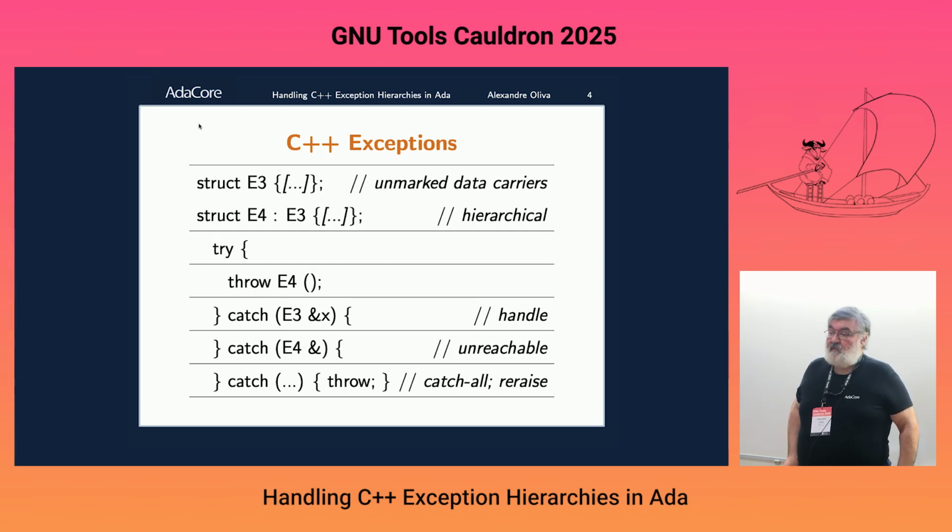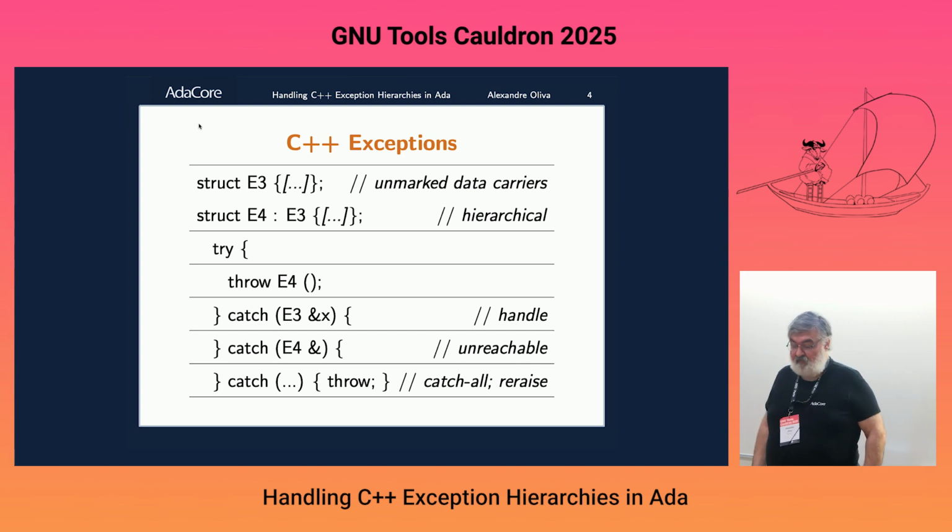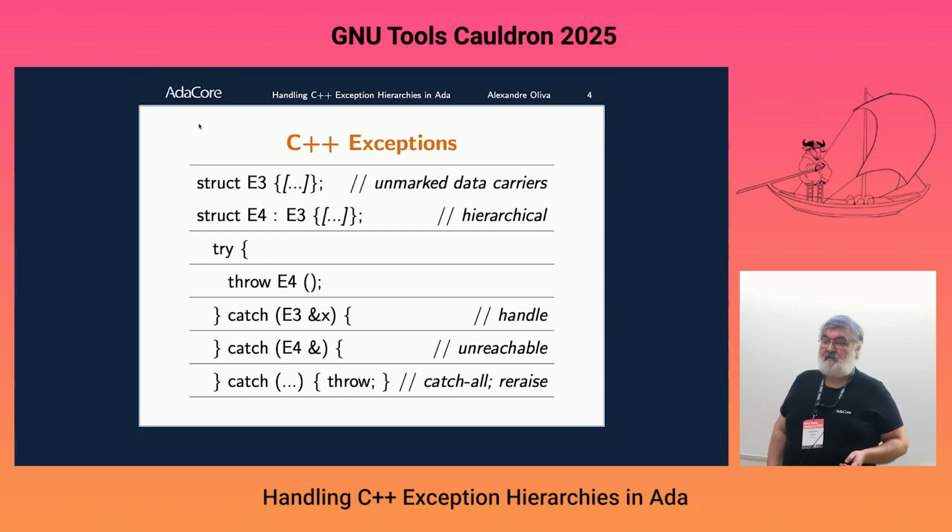In C++, you're probably familiar with that, you can use any type as an exception. So they carry data and they are not marked specifically for use as exceptions. And they form a hierarchy that corresponds to the type inheritance system.